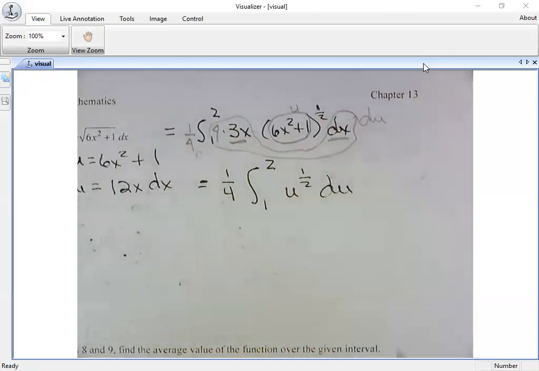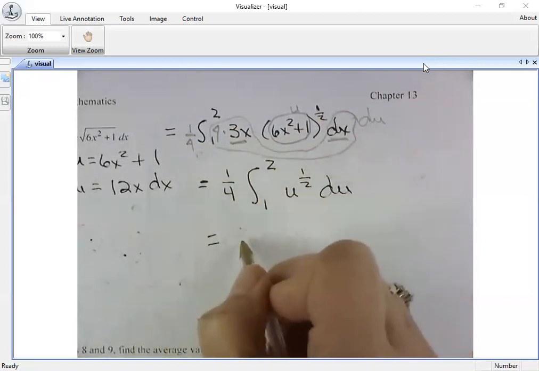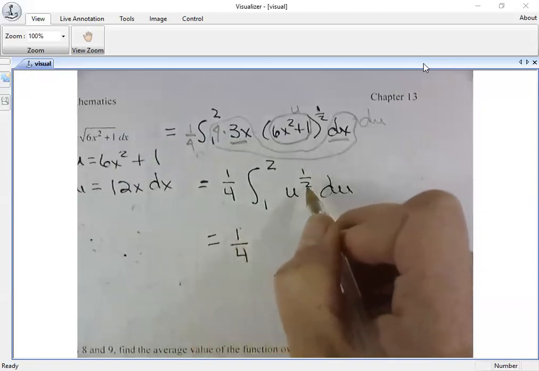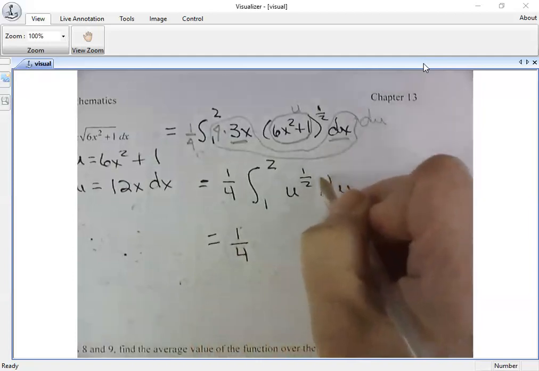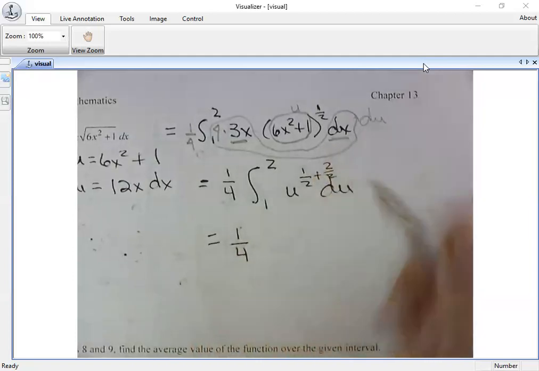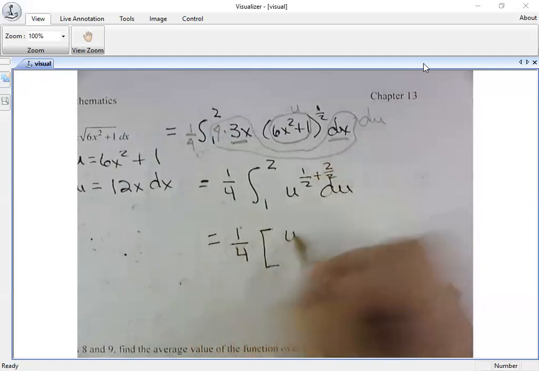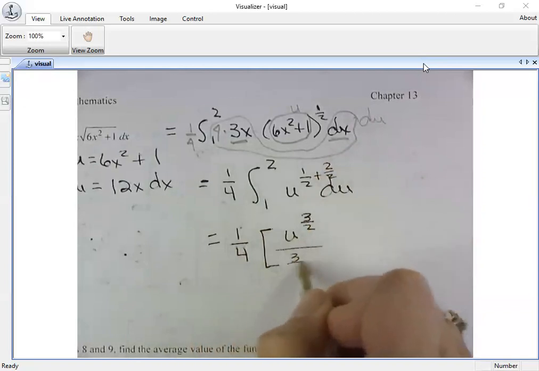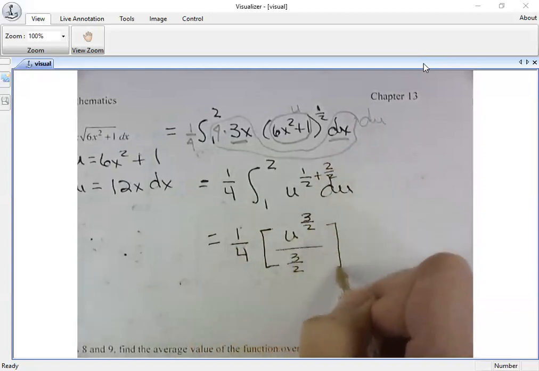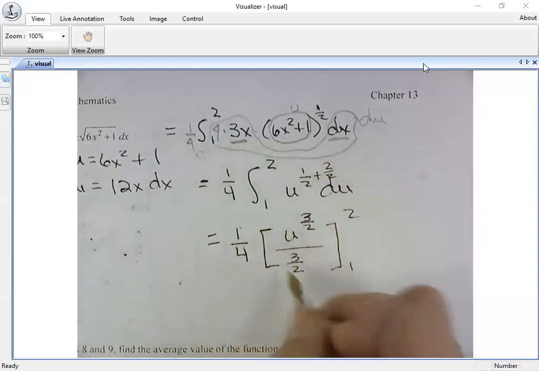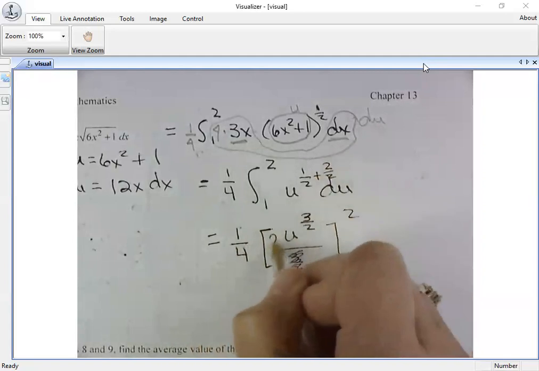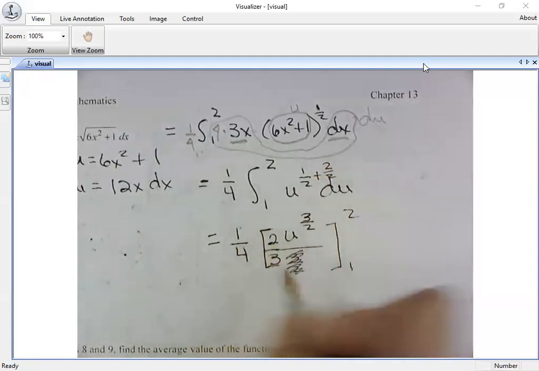What does this give you? 1/4, and then u to the 1/2 when I integrate it becomes, yeah, because if I add 2/2, I'm going to get u to the 3/2. If that's divided by 3/2, we said dividing by a fraction is the same thing as what? Multiplying by the reciprocal. So I can reciprocate this, multiply it times 2/3.